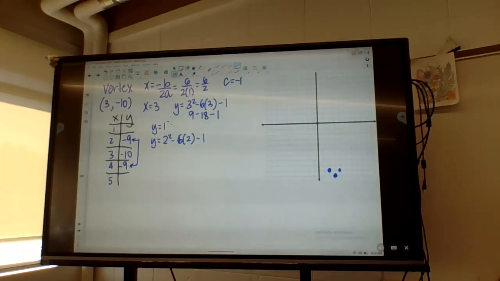I substitute 1 in. This will be negative 6 on both sides. Our parabola looks something like that.